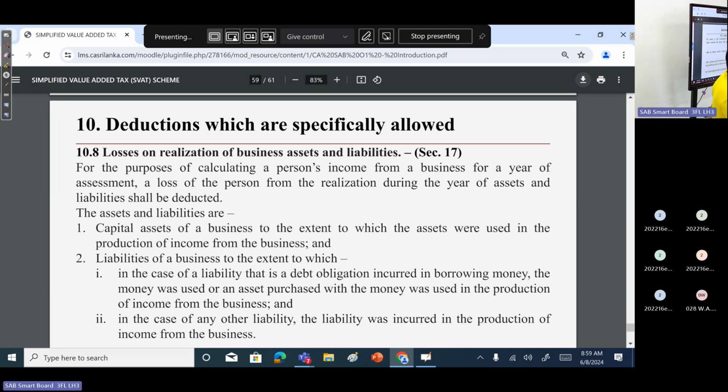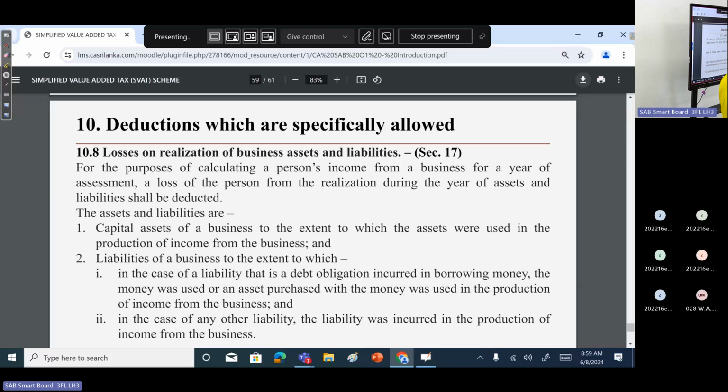An asset which has been used in the business in the course of production of income. And liabilities of the business, to the extent to which, in the case of a liability that is a debt obligation incurred in borrowing money, the money was used, or assets purchased, if the money was used in the production of income from the business. The same criteria we learned earlier. The particular borrowing needs to be used for the purchase of an asset or otherwise the money used in the production of income.